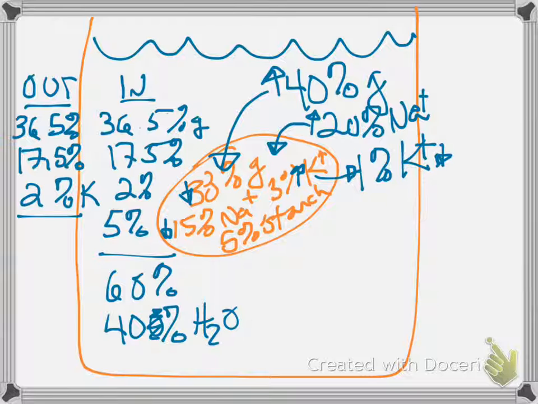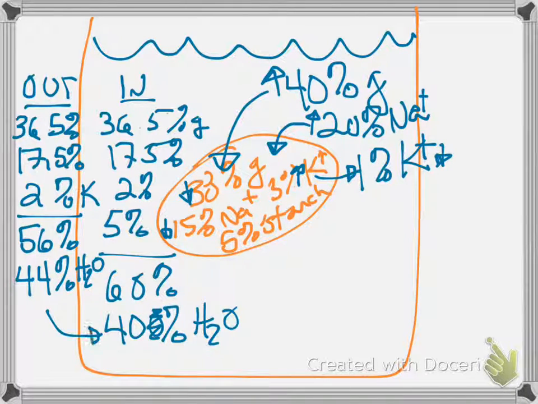That gives us 37, 47, 54 plus 2 is 56% outside, which means the outside is going to be 44% water. So there's a little bit more water outside the cell than there is inside the cell as far as concentrations go. So some of the water is going to come inside the cell.